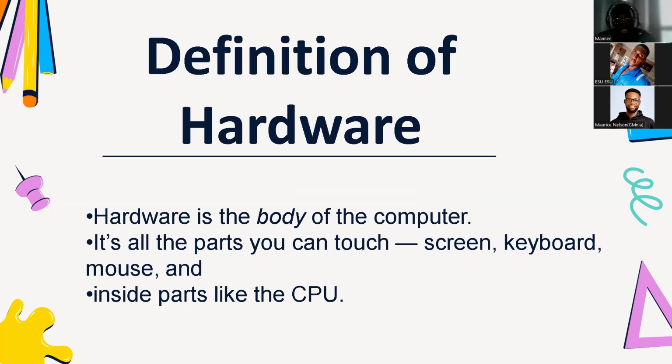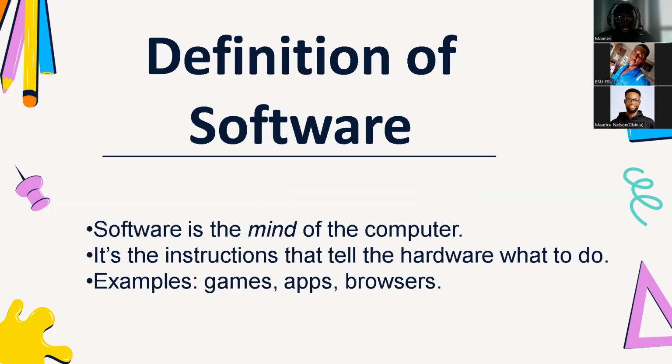So your screen, the mouse, the keyboard, everything inside the computer, that all falls under the category of the hardware. Now the software, we can say this is the mind of the computer. This gives instructions telling the hardware what to do, and then the hardware follows along with that instruction.